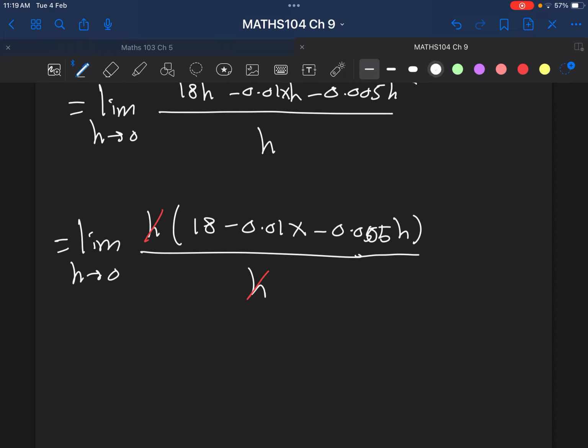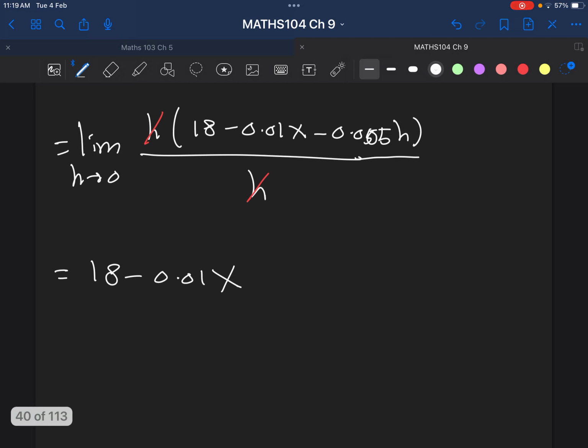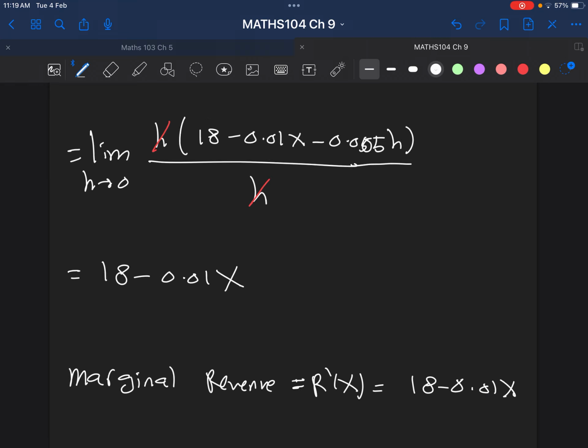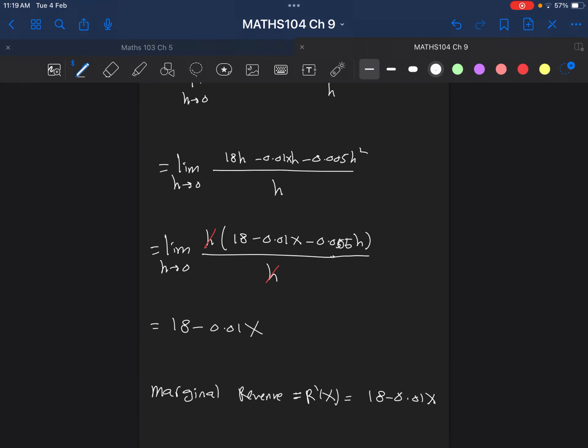If we substitute h equal to 0, this will disappear. So the final answer is 18 minus 0.01x. And that's the marginal revenue. So the marginal revenue equals r prime of x equals 18 minus 0.01x.